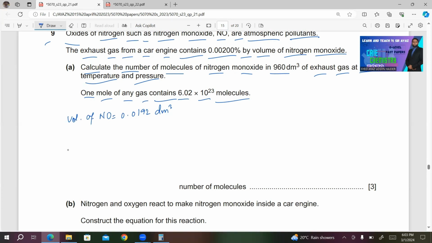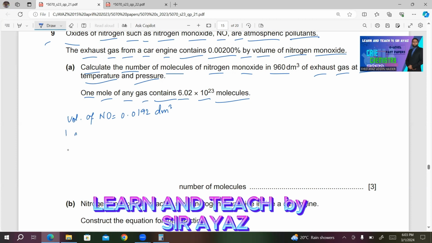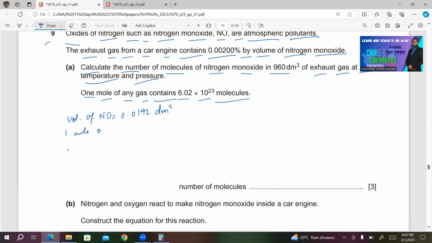Now I will convert this volume of NO in moles. And you know 1 mole of any gas at room temperature and pressure occupies a volume of 24 dm cube. 1 mole occupies 24 dm cube.